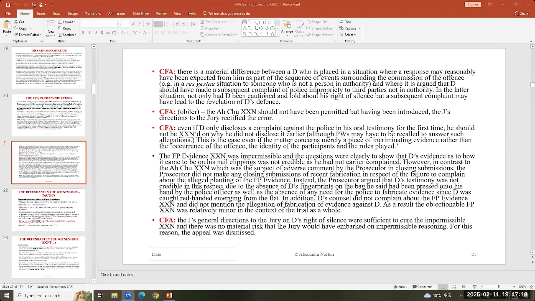Now, it's not clear why the prosecutor didn't refer to it in the closing submissions, right? Because if there's been no objection to that cross-examination by defense counsel at the time, you would think that the prosecutor would then seize that opportunity and then refer to it in the closing submissions.